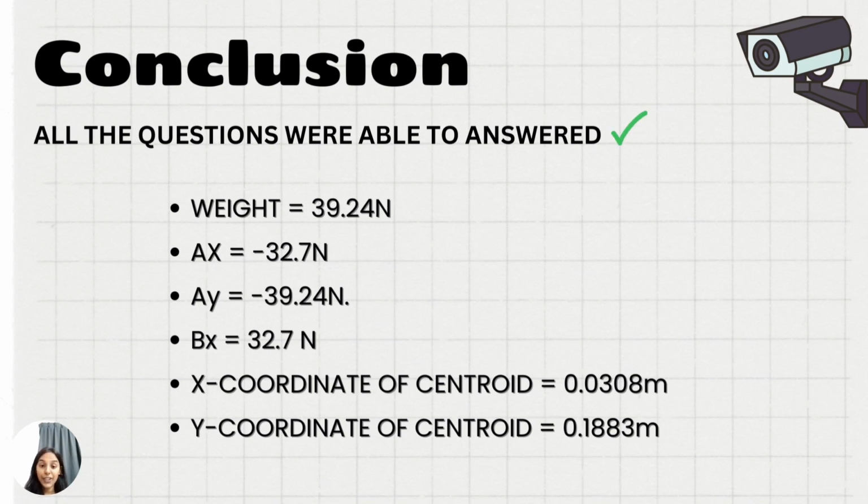Finally, for the centroid and center of gravity, we managed to calculate the x-coordinate of the centroid, which is 0.0308 meter, and the y-coordinate of the centroid, which is 0.1883 meter.